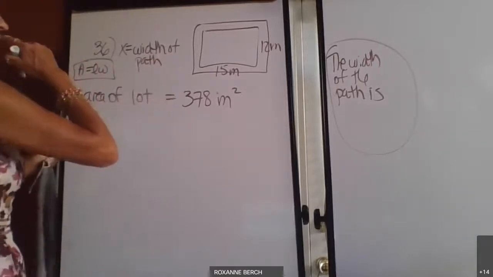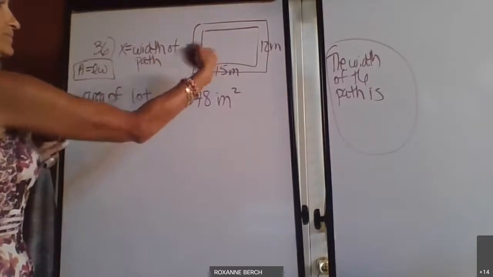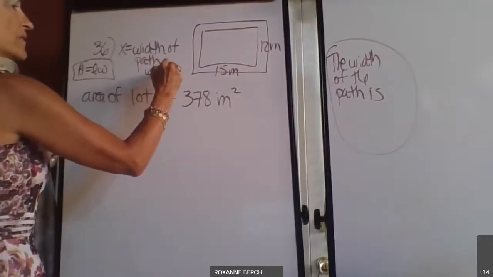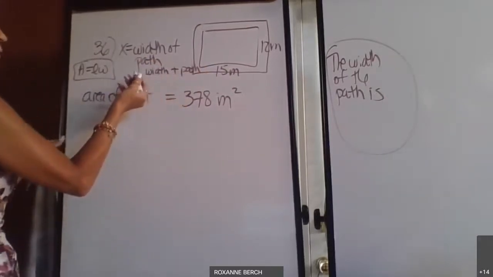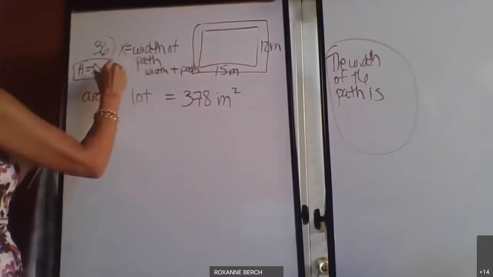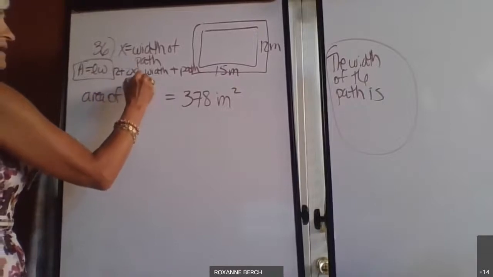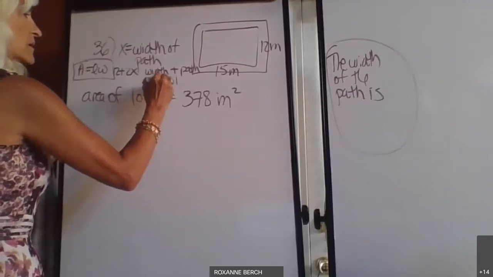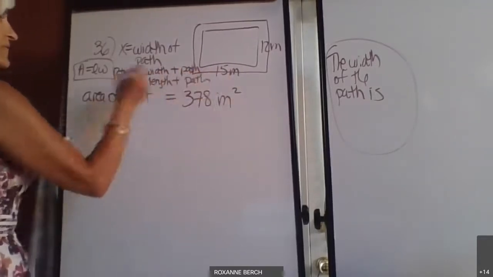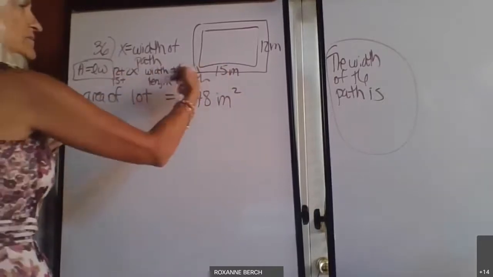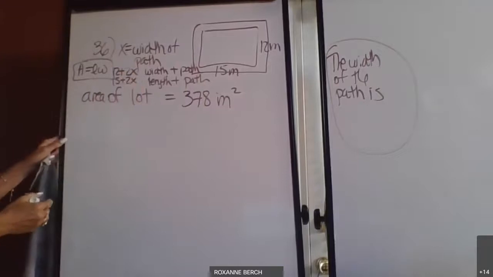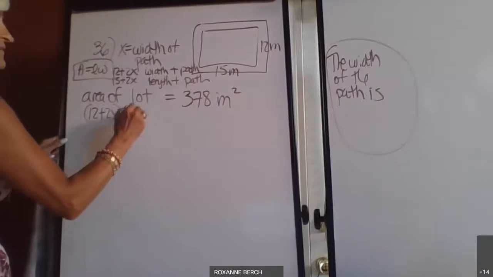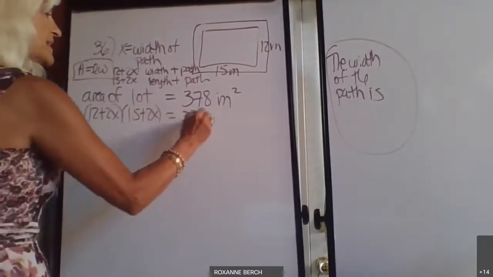Wouldn't the width plus the path be 12 plus 2x? And wouldn't the length plus the path be 15 plus x plus x? So wouldn't the area be 12 plus 2x times 15 plus 2x equals 378?